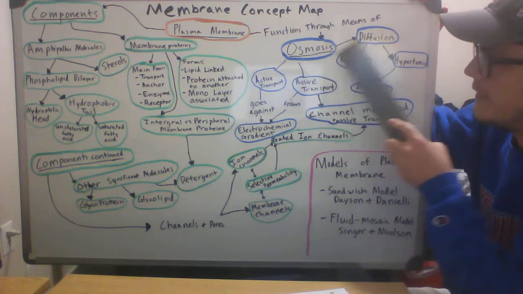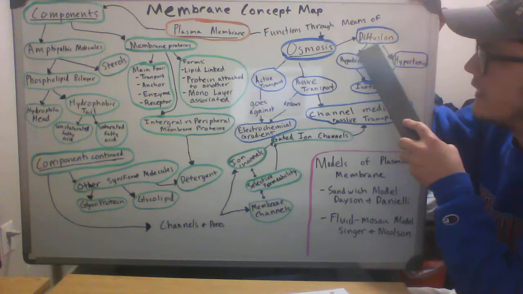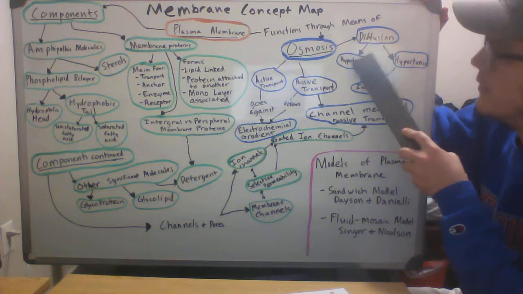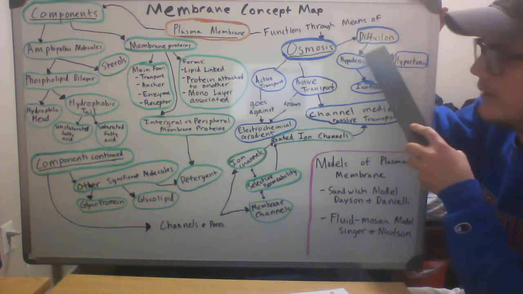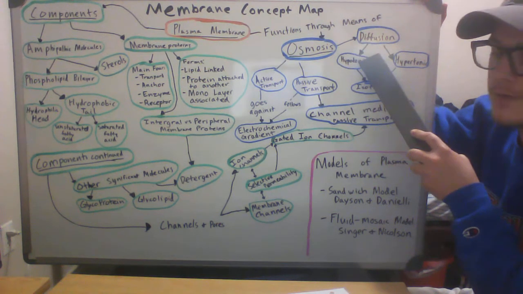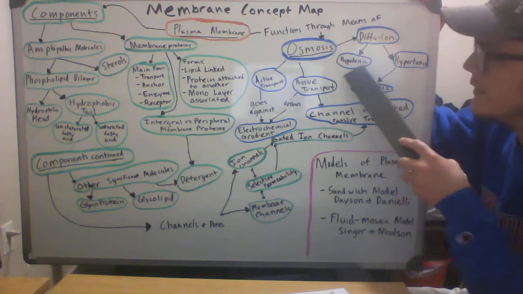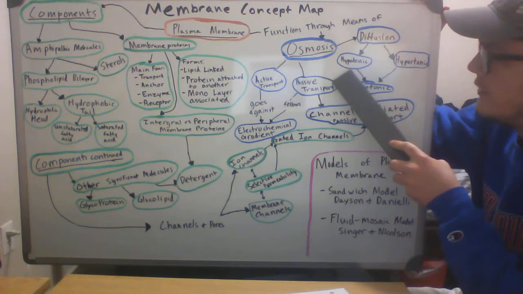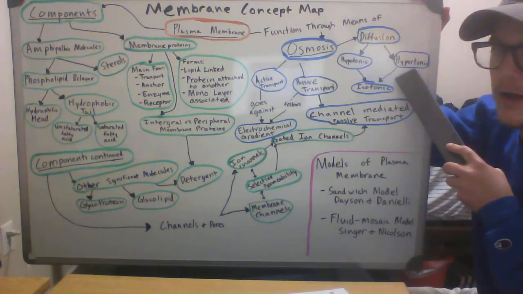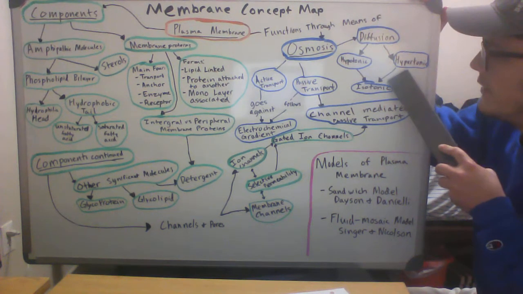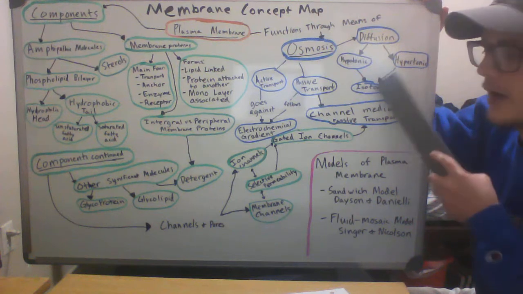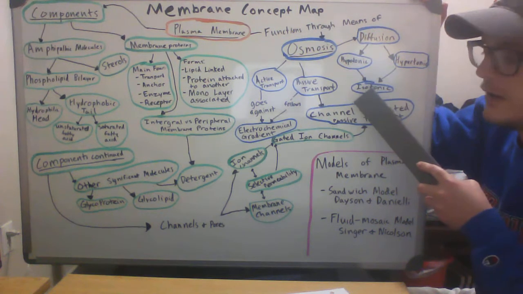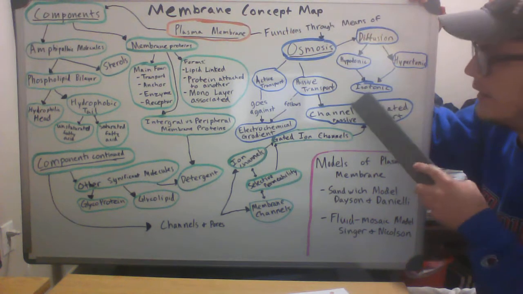Osmosis is driven by diffusion, which is just particles randomly spreading out through thermally driven movements. And usually osmosis is caused by a hypotonic or a hypertonic concentration, either outside or inside the plasma membrane.